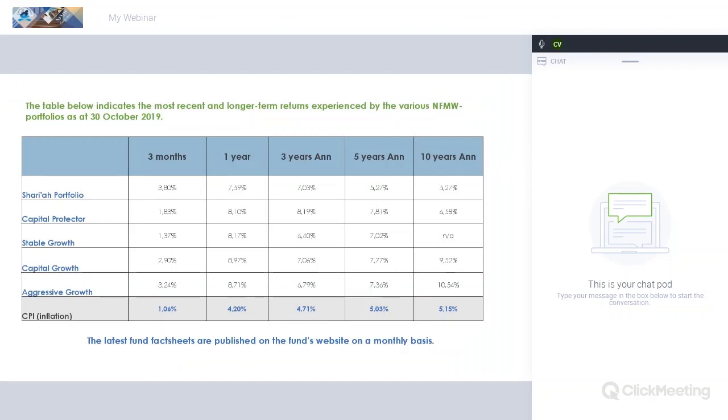Moving on to the individual portfolio performances: Sharia Capital Protector, Stable Growth, Capital Growth, and Aggressive Growth portfolios. This slide gives you the performances of these portfolios over various periods. I would just like to draw your attention to the 5-year annualized return column, which shows that all the portfolios have basically returned around 7.5% to 8% over those 5 years.